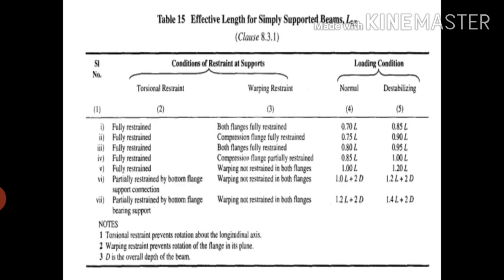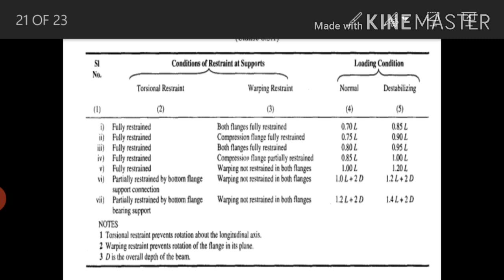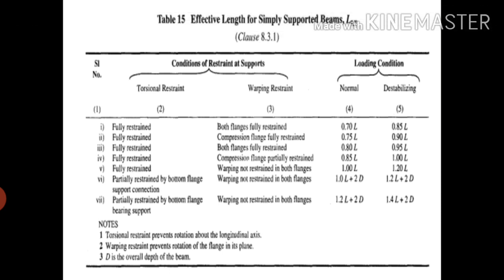So this is the table given in IS 800-2007 for effective length for simply supported beams. The conditions of restraint given here are torsional restraint and warping restraint, and the loading condition is normal loading and also destabilizing loading. Destabilizing means the load keeps on changing, that is a destabilizing load.